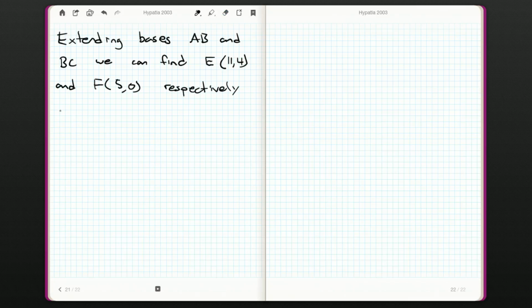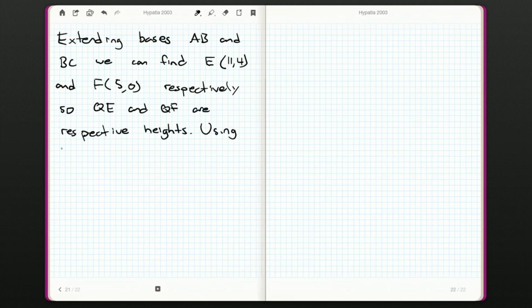We can find E and F respectively. So QE and QF are respective heights or altitudes. Okay? So using these, we find the areas of the triangles.